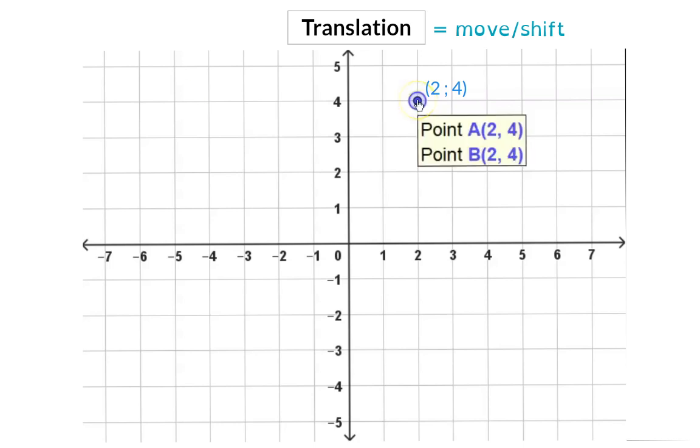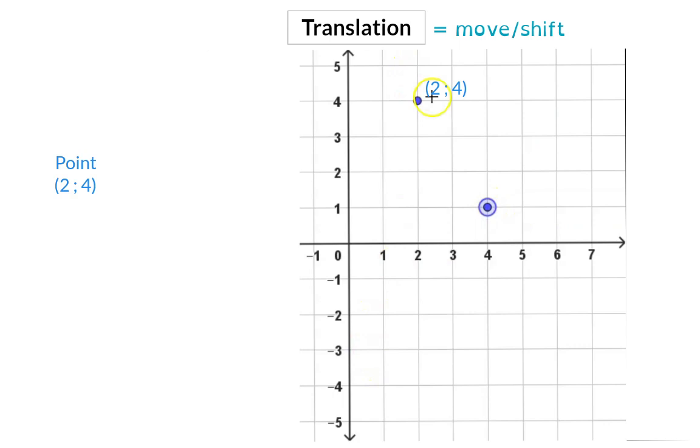Firstly, I'm going to move the point 2 units to the right to get an x value of 4. And then also 3 units down to change the y value to 1. This new point is called the image of the original and has the coordinate (4, 1).